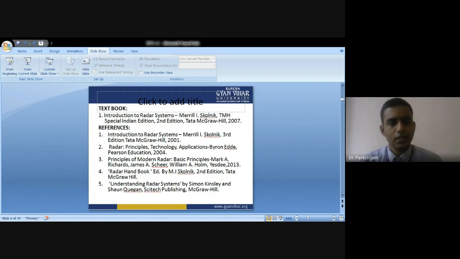It means it detects the enemy or target by the mechanism of radio waves. As everyone knows, radio waves work from 20 kilohertz to 20 megahertz or beyond. The whole wave spectrum is known as radio waves.